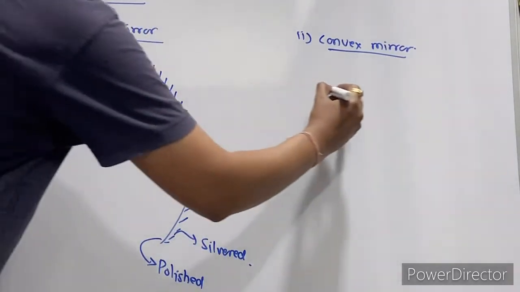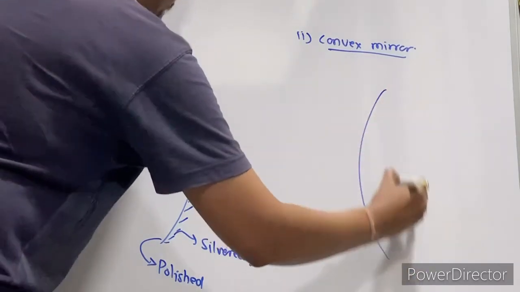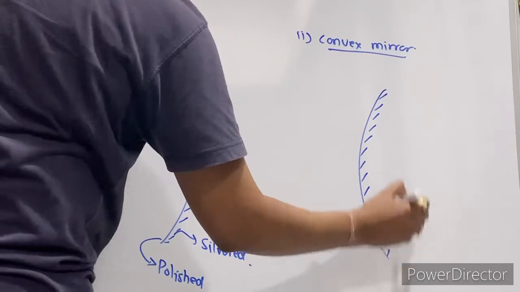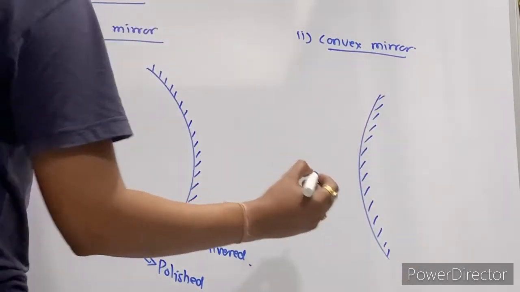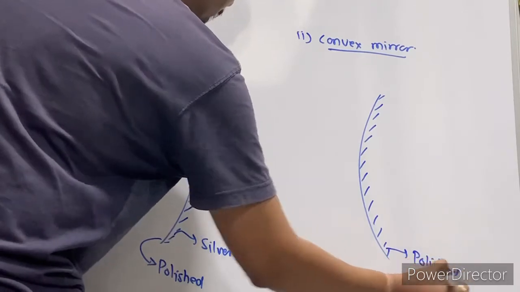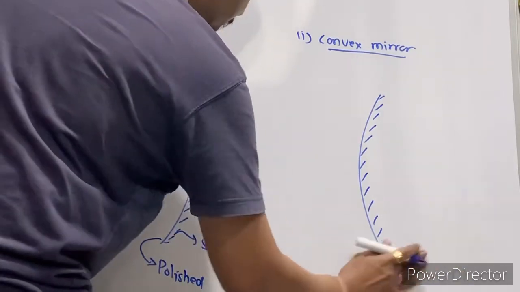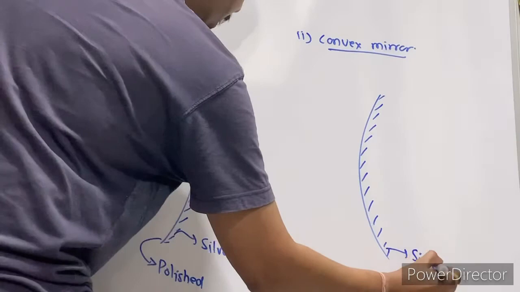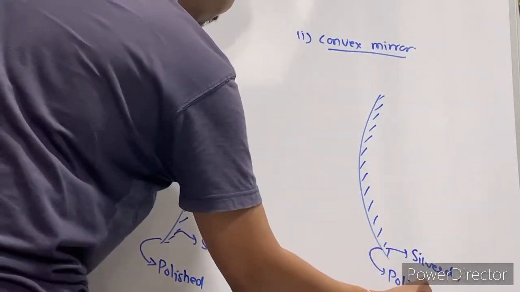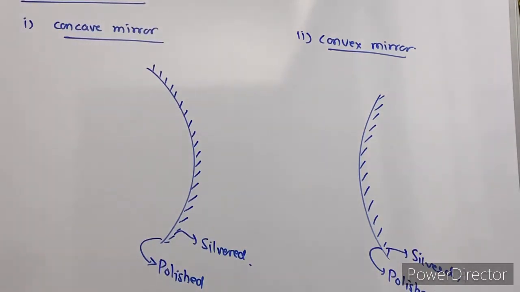In case of convex, what is there? Your inner part is silvered, I'm so sorry, it is silvered, and outer part is polished. Outer part is polished, right?